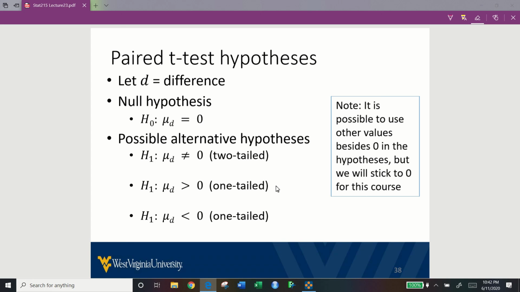Once again, 0 does not always have to be the case, but in this course, you're just beginning to learn this, so we're going to stick to 0. When we don't use 0 is when we have an established difference that we're trying to equalize for.